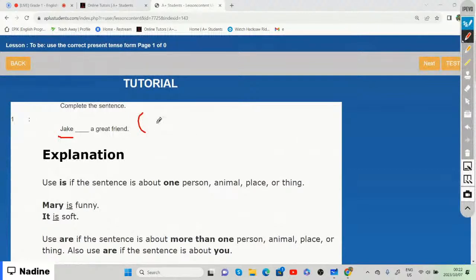Do we say Jake am a great person? Jake is a great person, or Jake are a great person? We need to choose one of these verbs to complete the sentence. Is it Jake am a great friend, Jake is a great friend, or Jake are a great friend?